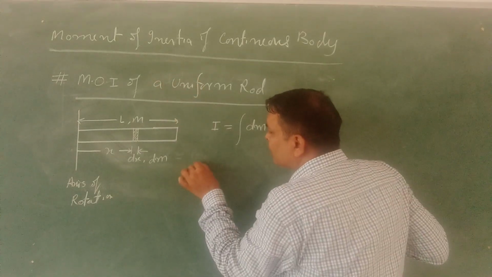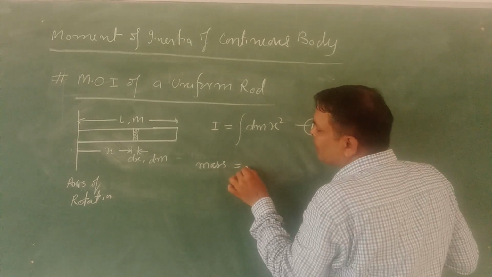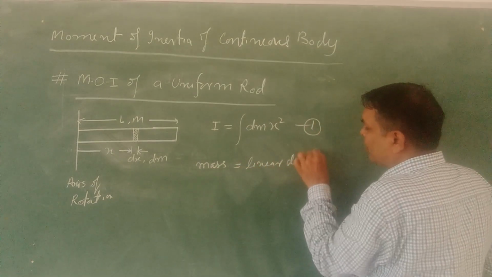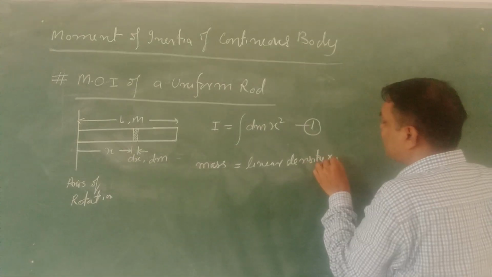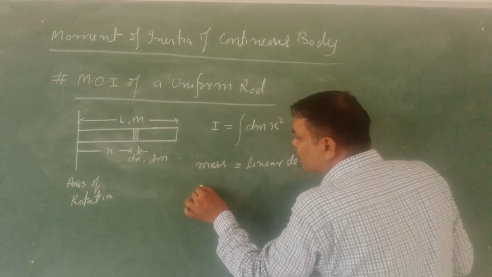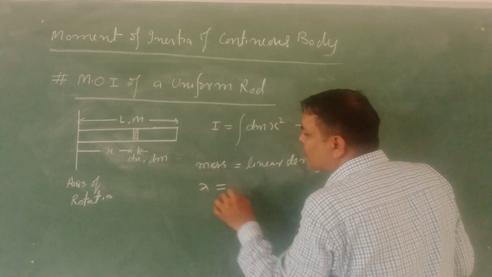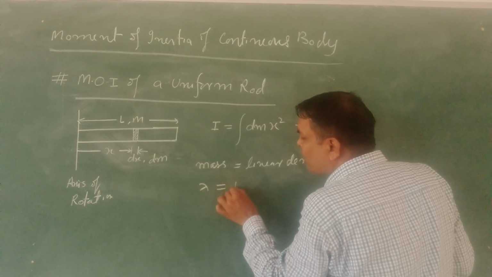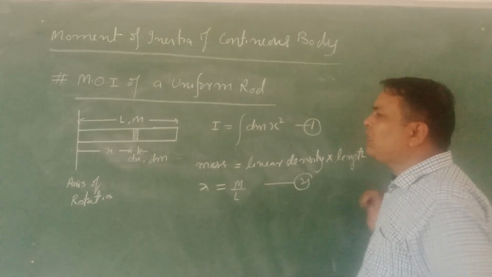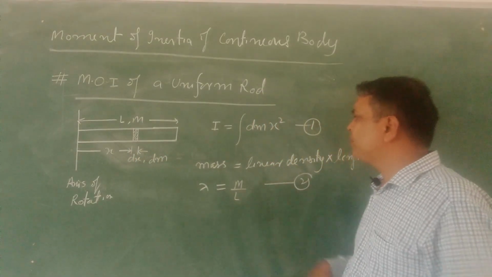We know that mass equals linear density into length. Linear density is denoted by lambda. Linear density is equal to mass upon length. So the linear density of this rod is total mass upon total length.